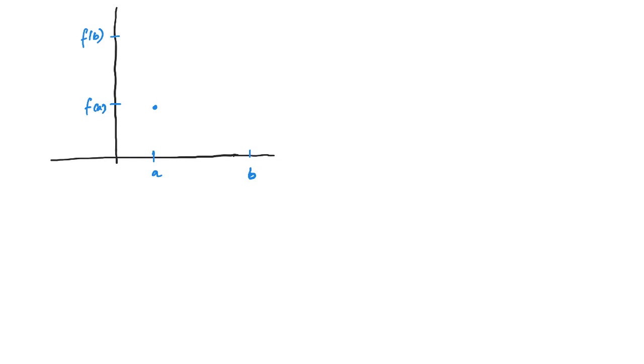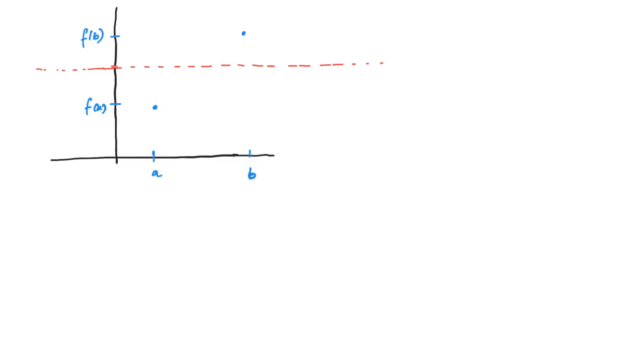So this is the point A comma f of A, and this is the point B comma f of B. Now you take a point which is in between f of A and f of B, and let's draw the line parallel to the x-axis passing through this point. Okay, it looks something like this.